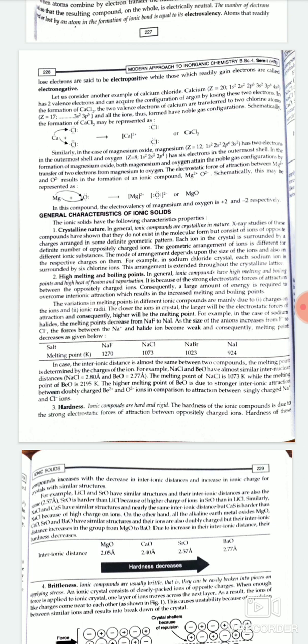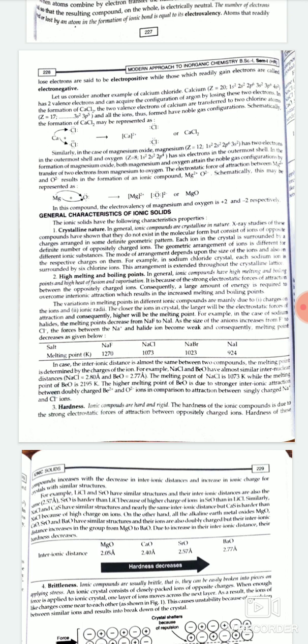In case the interionic distance is almost the same between the compounds, the melting point is determined by the charges of ions. For example, NaCl and BeO have almost similar internuclear distances, that is NaCl equal to 2.80 angstrom and BeO equal to 2.77 angstrom.